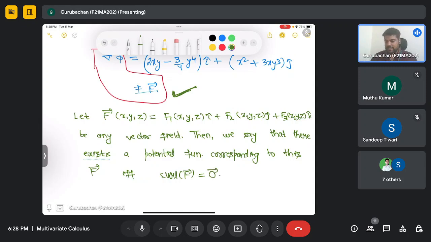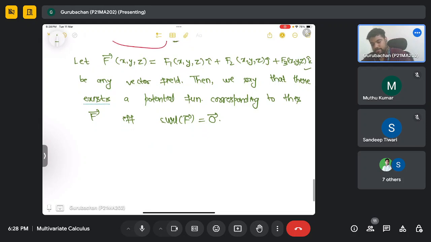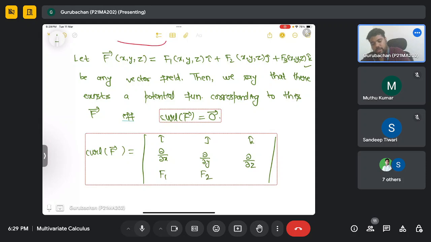Now the question arises how to calculate the curl if we have these three components and we have two components. So for that, curl of f, if we have these three components, then we calculate like this: i, j, k, del by del x, del by del y, del by del z, f1, f2, and f3.